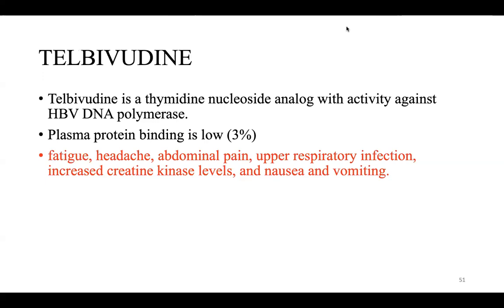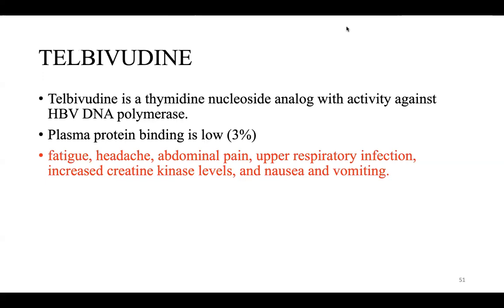The serum half-life is near 15 hours and excretion is renal. There are no known metabolites and no known interaction with the cytochrome P450 system or other drugs. Adverse effects are mild.